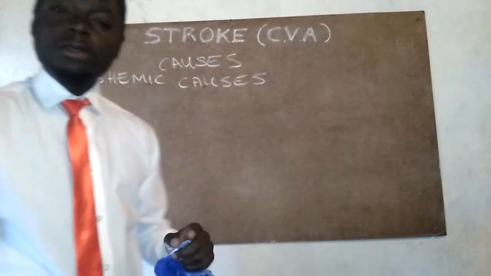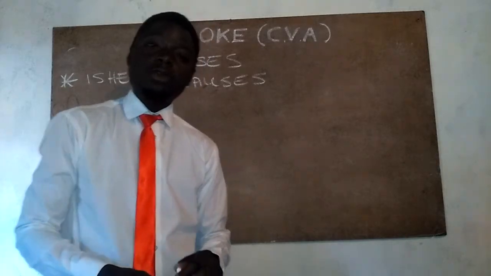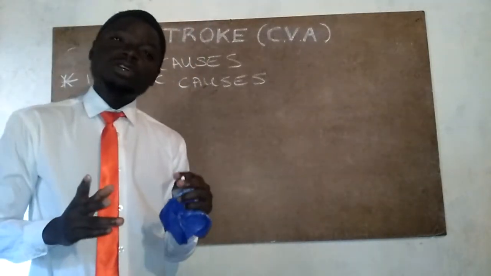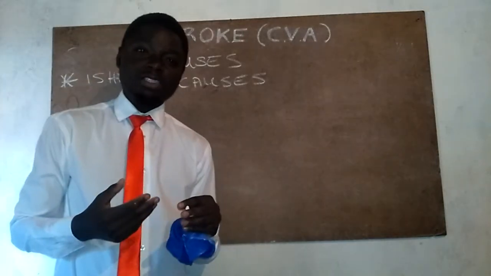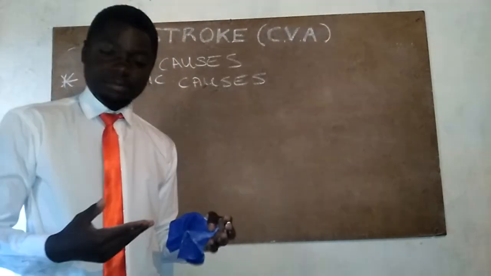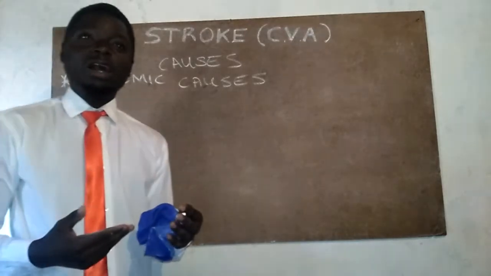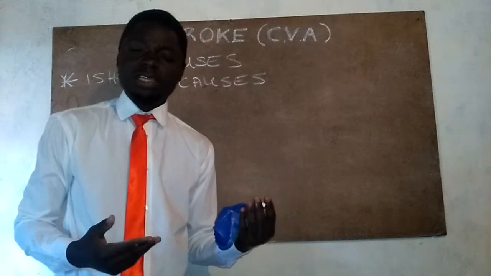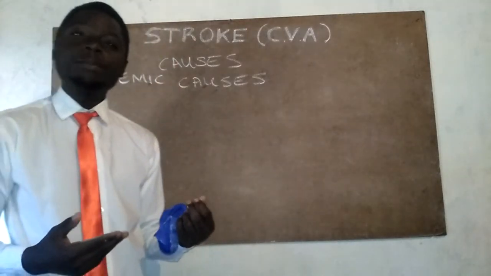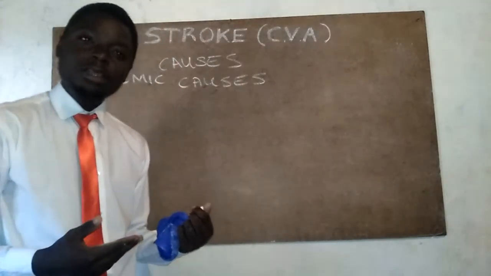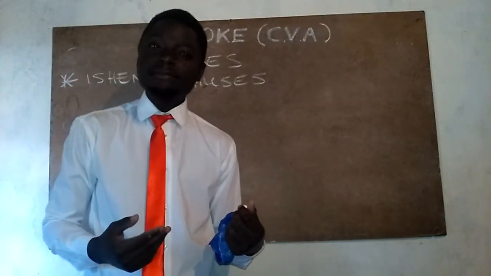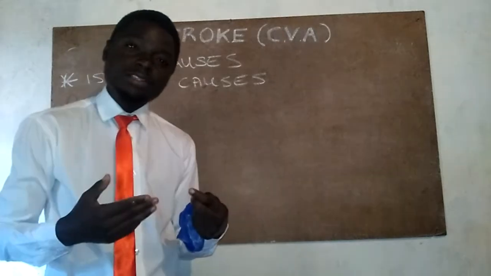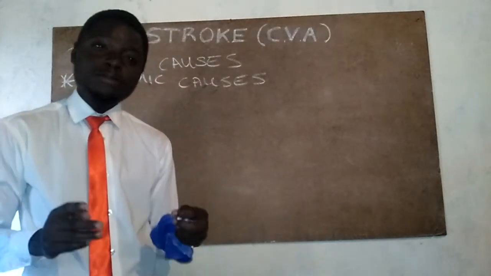The ischemic cause is the type of stroke where part of the brain is not perfused with enough blood, or without blood completely, because of certain conditions, for example the disease process of atherosclerosis, resulting in plaque formation in an artery. For example, in the carotid artery, a plaque could form, and when it bursts it causes a thrombus.